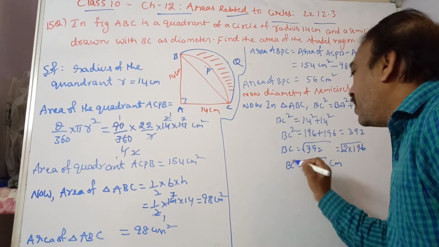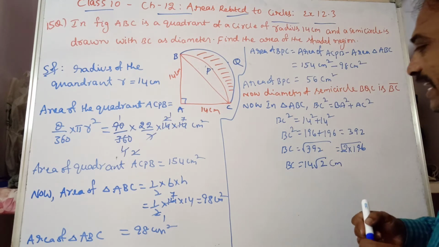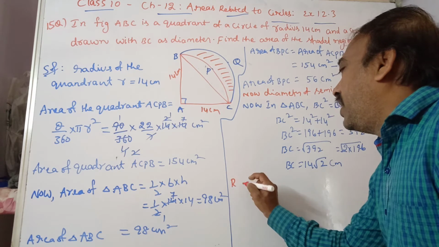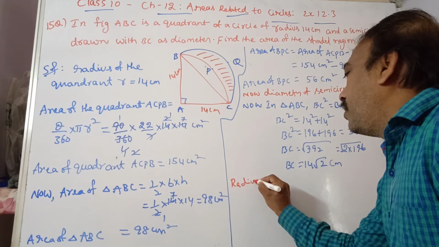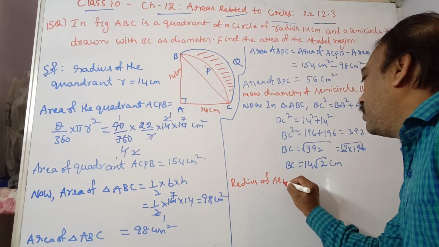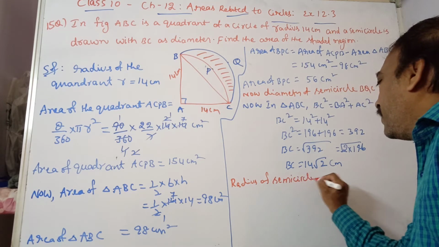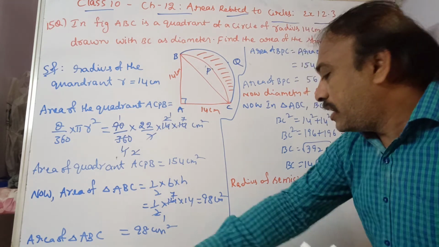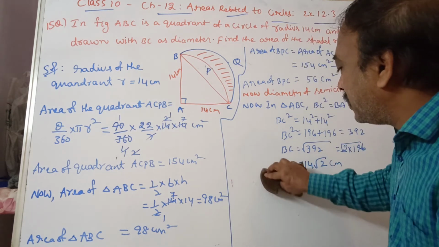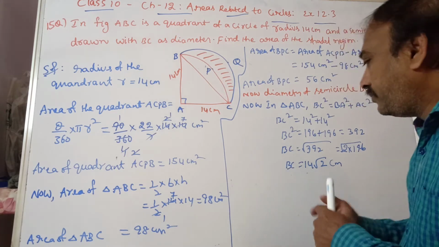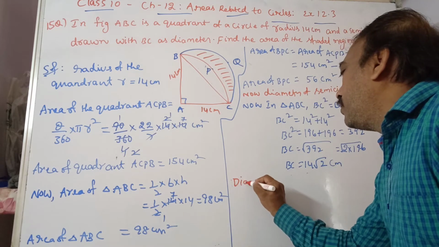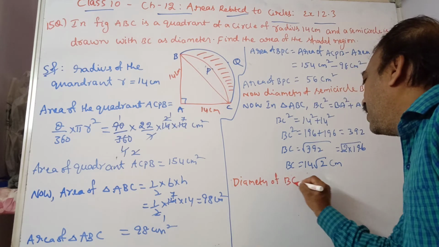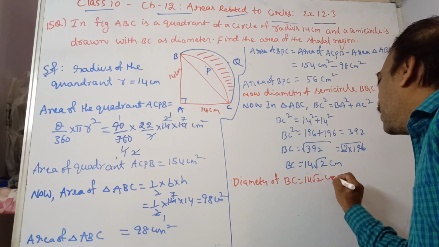This is BC. Sorry, BC is the diameter. We need to find out the radius of the semicircle. Now, diameter BC is equal to 14 root 2 centimeters.